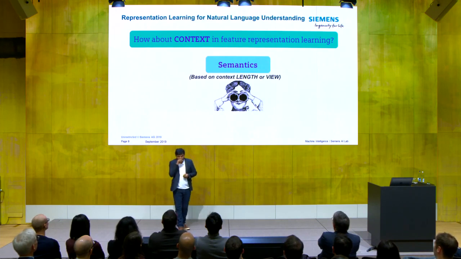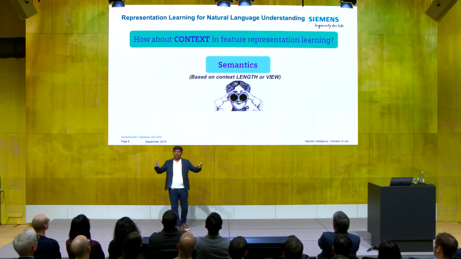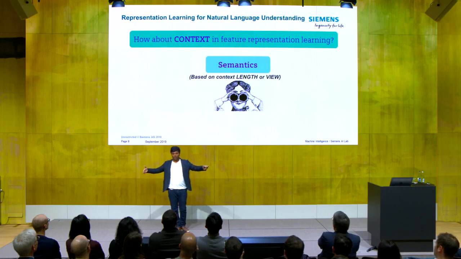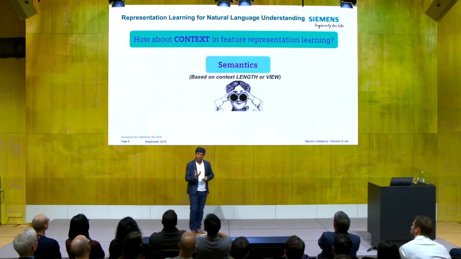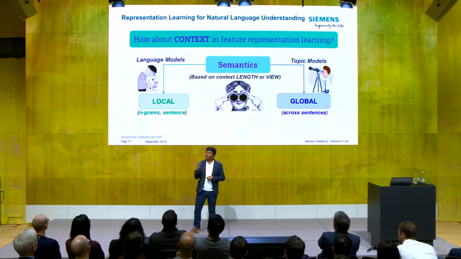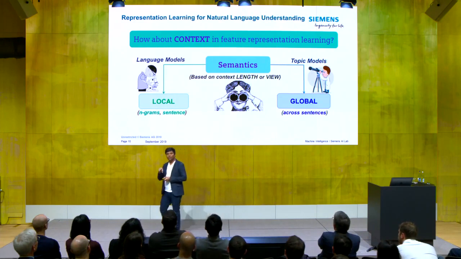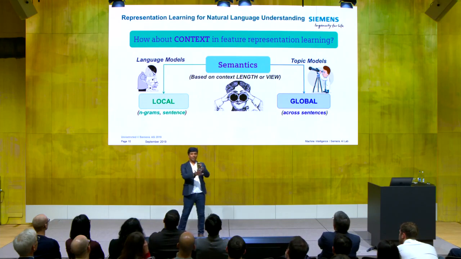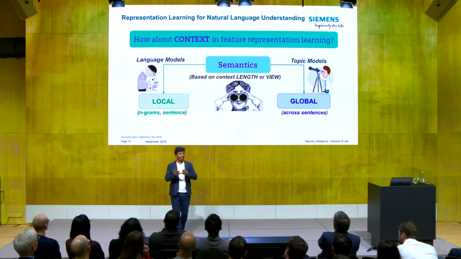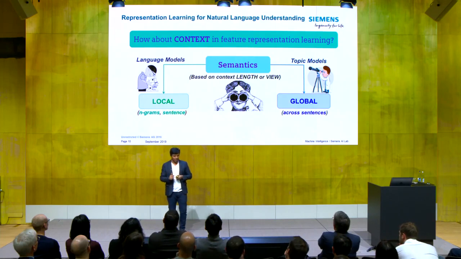Let's start. What does context mean? Context means how far you can look in the document, or how far you can look into the sentence. So you define semantics based on the context. Semantics could be local or it could be global. Local in the sense that you learn representations based on n-grams. You have a particular word and you learn a representation looking at neighboring words which are within a sentence or constrained by n-grams.